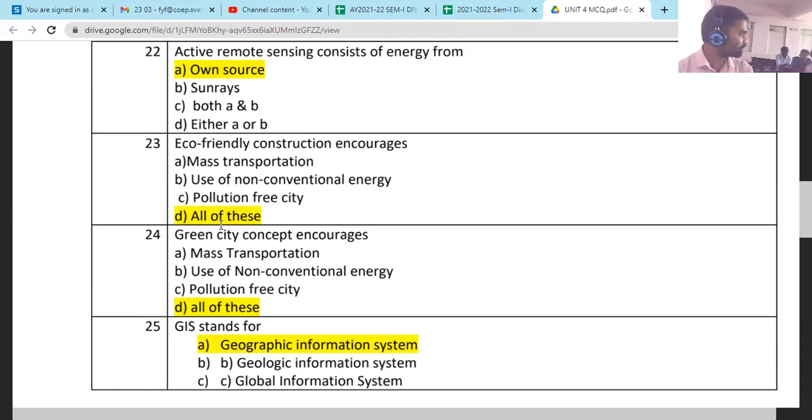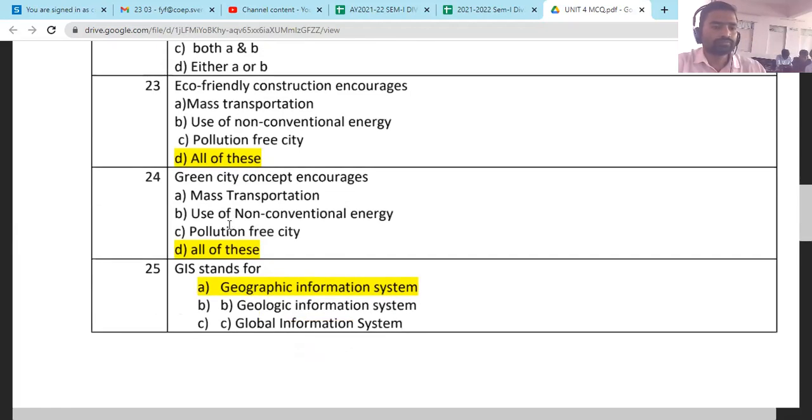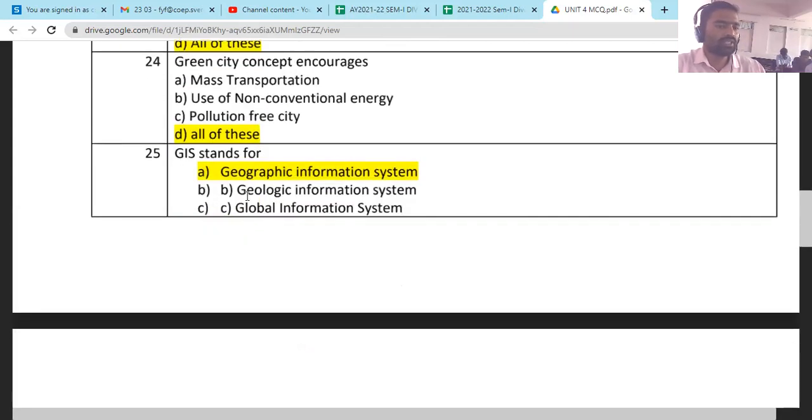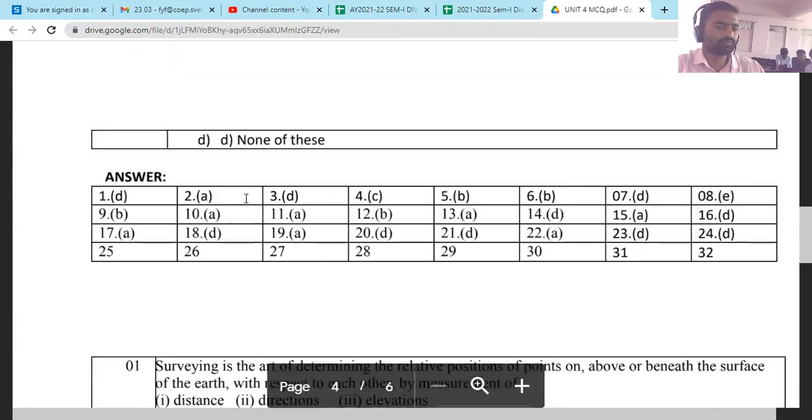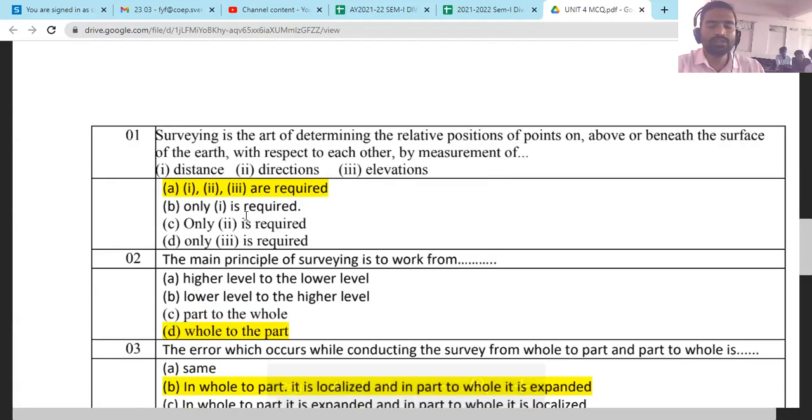It means vehicle transportation, sometimes railway transportation, sometimes airways transportation. Everything is available in that particular system. That is mass transportation. Green city concept, so same. GIS stands for Geographic Information System. These all are remote sensing, GIS and GPS.